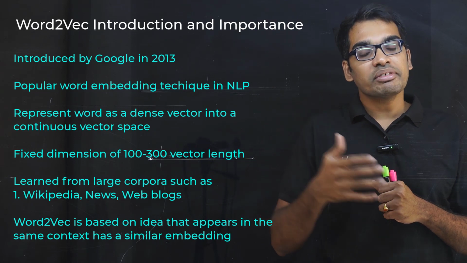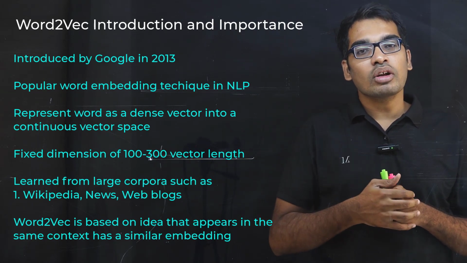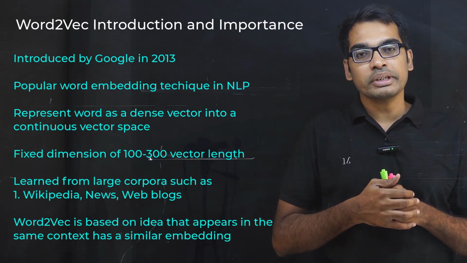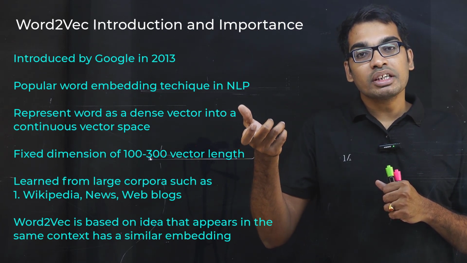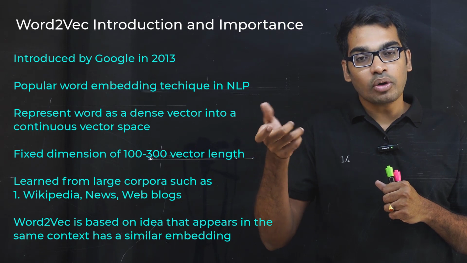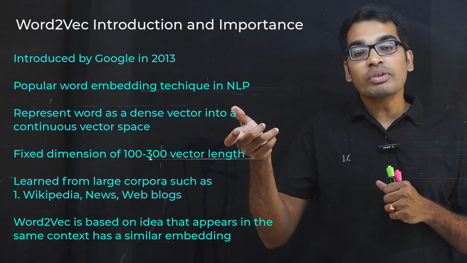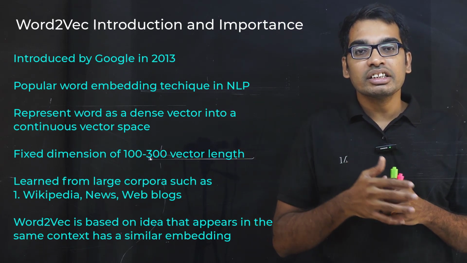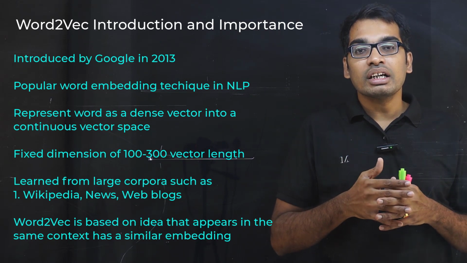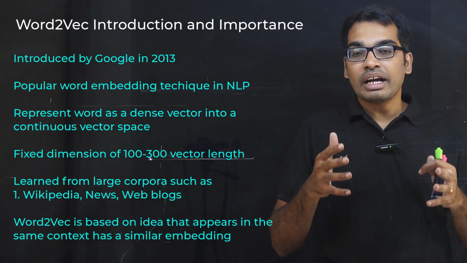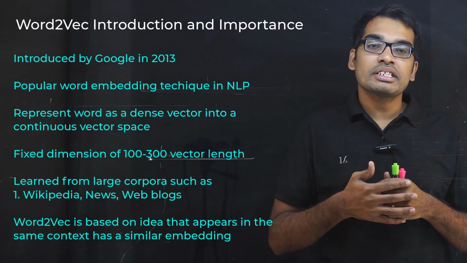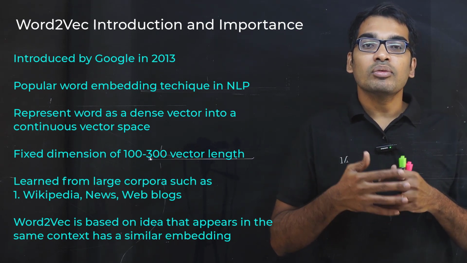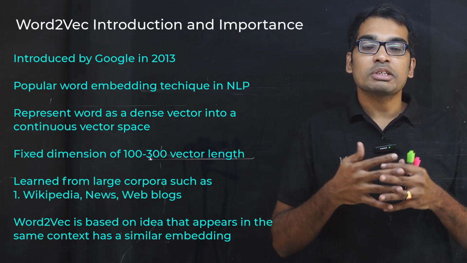There are a lot of pre-trained models available in the Word2Vec space, which is one of the very popular things about it. They are learned from very large corpora, including Google, Wikipedia, news channels, web pages and many more. They can even be customized if you want to develop your own Word2Vec model for a specific domain.